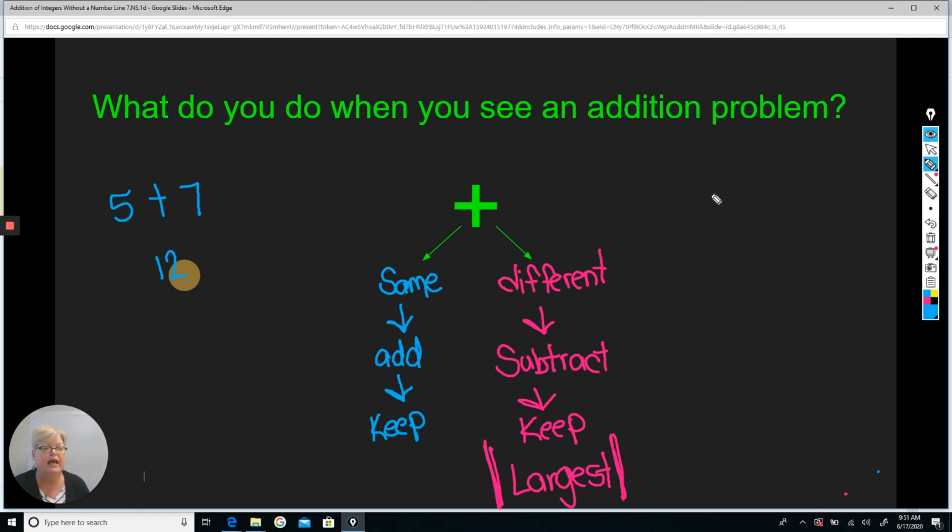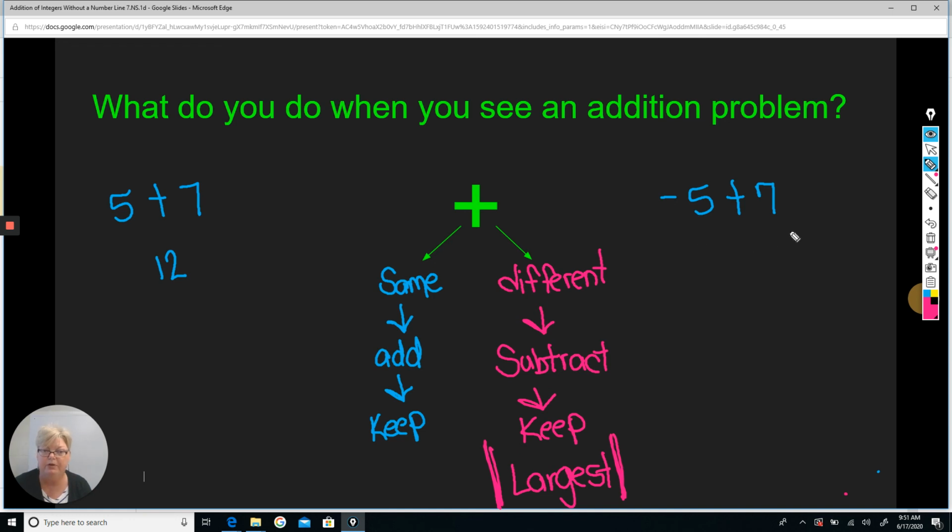Okay, so let's look at this problem right here. We have -5 plus 7. As we're looking at this, we notice that the first term is negative, the second term is positive, so that means they're different signs. What we're going to do is subtract. Now, remember, we're going to ignore the sign, and it's hard to say, well, what's 5 minus 7?